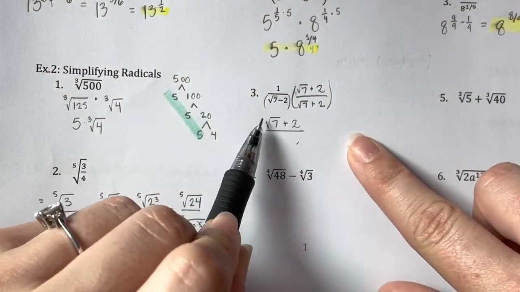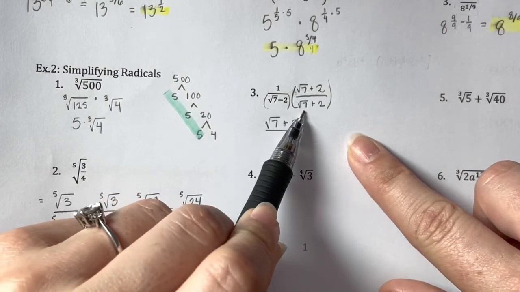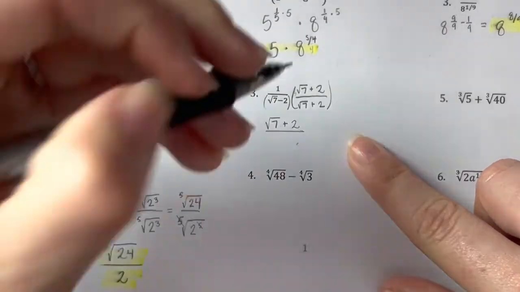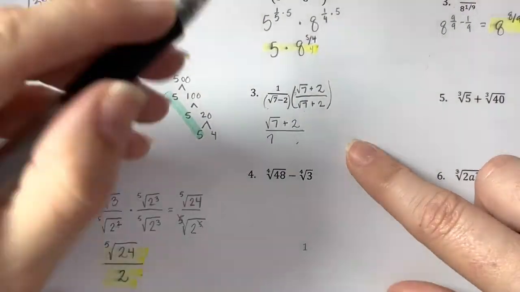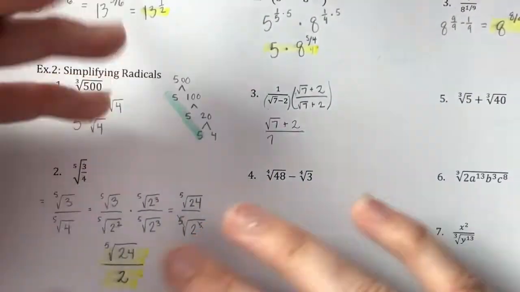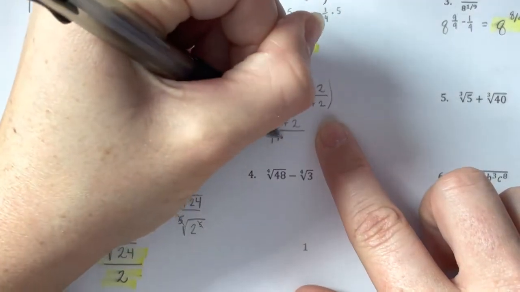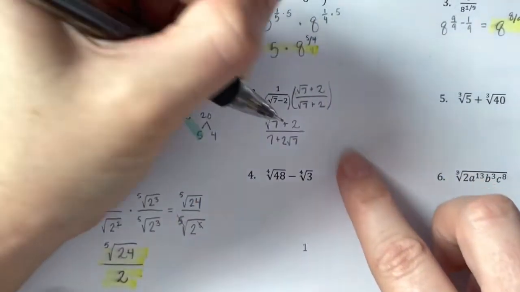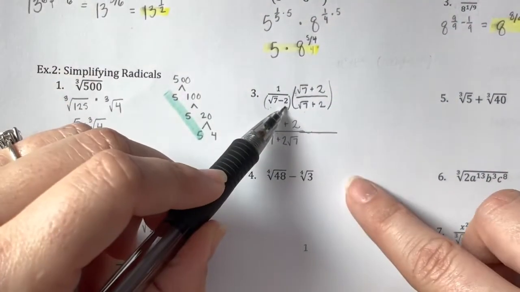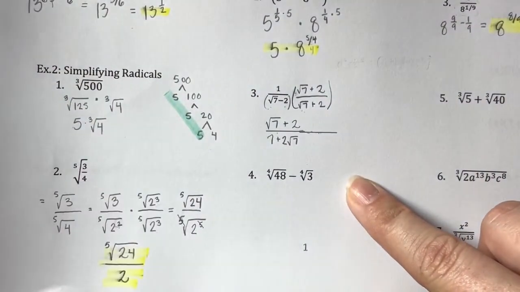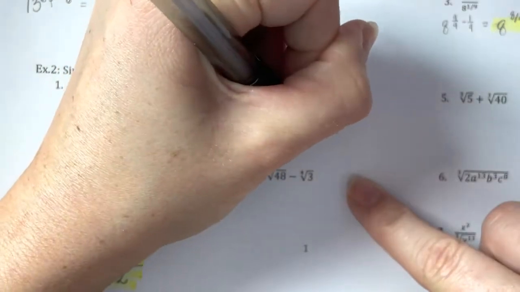if I were to FOIL this, so root 7 times root 7, that's just 7. It's like the square root of 49, so 7. And then root 7 times 2, so that becomes plus 2 root 7. And then we have negative 2 times root 7, so that's negative 2 root 7.